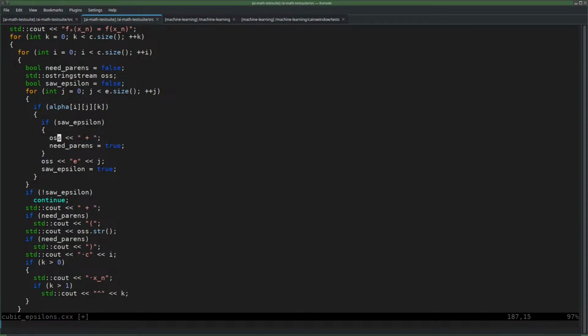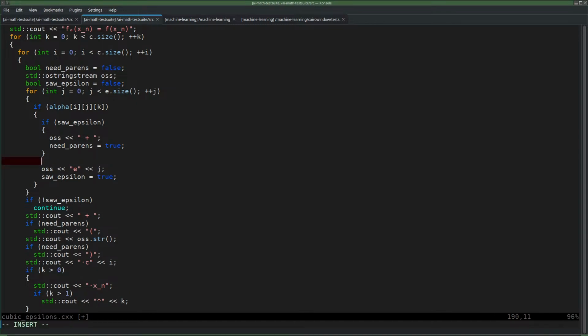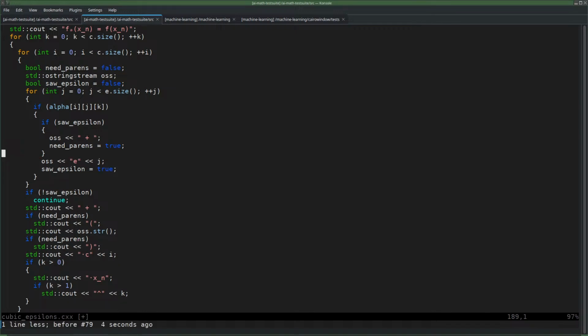Only if you already saw an epsilon. So print the first epsilon. You have multiple, my factor is missing here. So alpha itself is the vector. I'm going to do that nicely. If not so epsilon, then we just have to print.